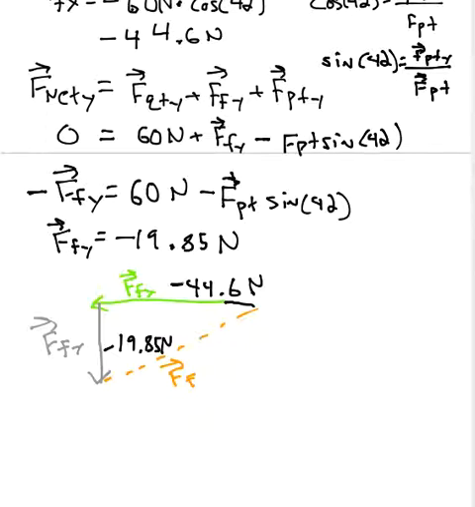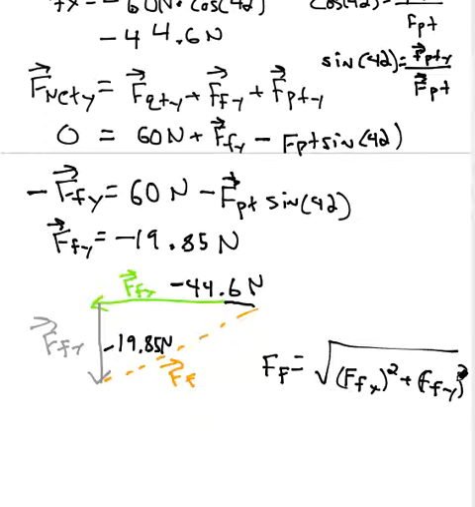So we can use the Pythagorean theorem, and we'll see that F femur is equal to the square root of F femur x squared plus F femur y squared.